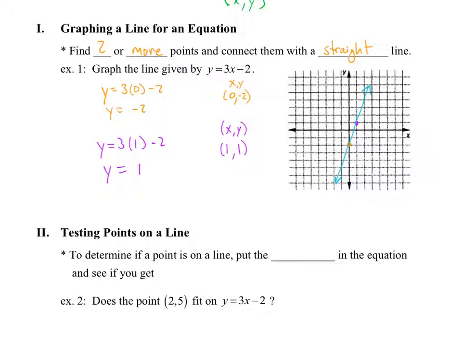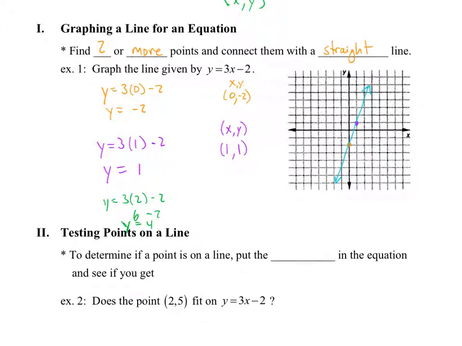So let's make x equal to 2. So y equals 3 times 2 minus 2. 3 times 2 is 6, minus 2 is 4.